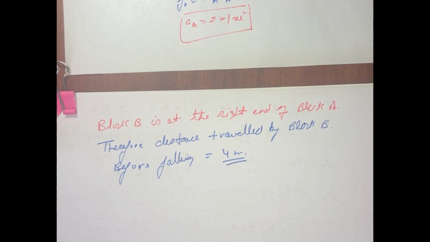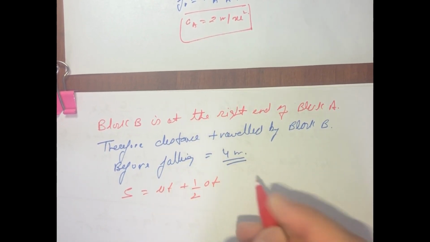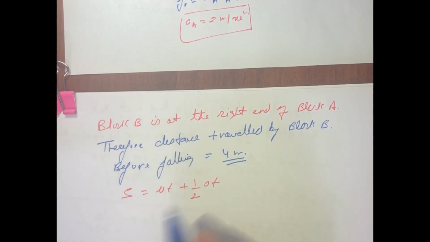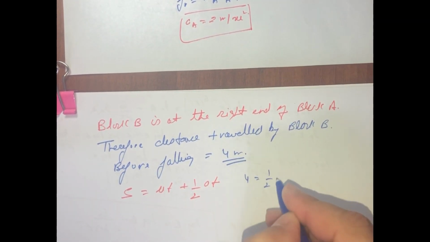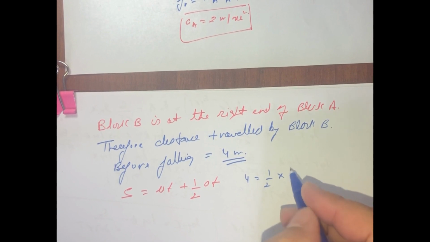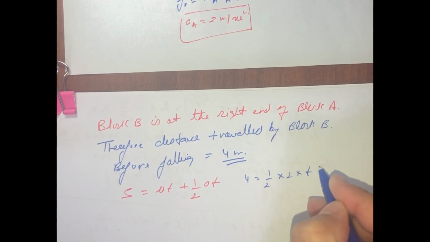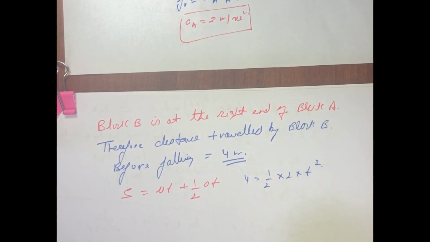And we can use the equation of the kinematics. We can say s is equal to ut plus half at square. This s is given as 4, initial velocity is 0, so this will be half, a is our 2, and this will be our t square.